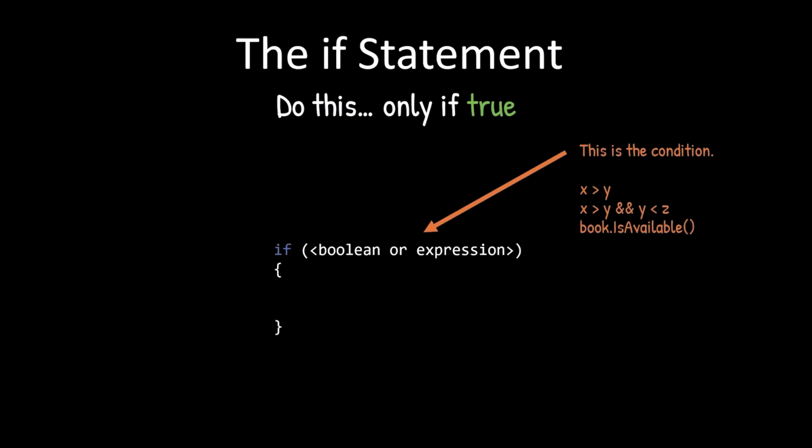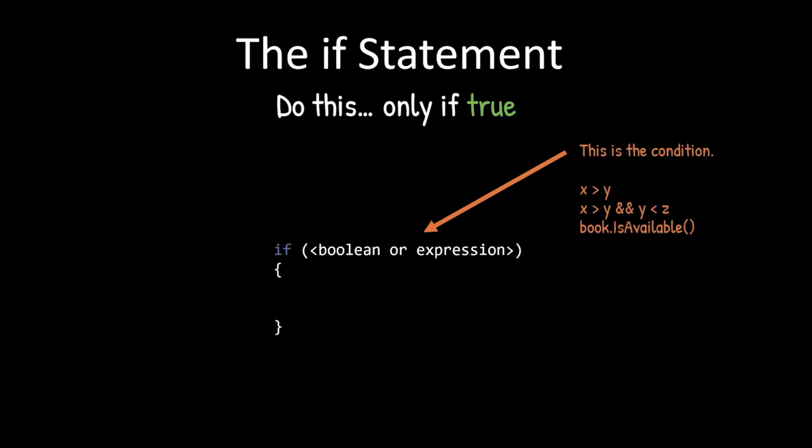It could also be complex expressions, like x is greater than y and y is less than z. Or even a method that returns a Boolean value, like a method determining whether a book is available. You can put as simple or complex of an expression as you like in the parentheses, so long as the end result is a Boolean, true or false value, when it is finished evaluating all of the expressions.